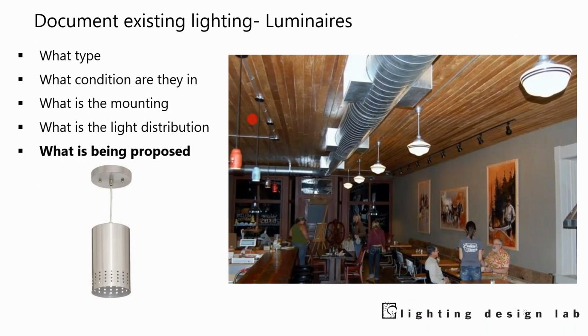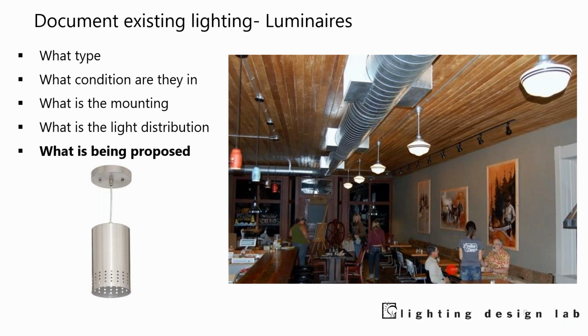Here's a case where we have a little cafe and maybe they have these fixtures and they want to get rid of them. They don't like the way they look, or someone showed them something else that they want to put in, and they want to go to this metal cylinder. So again, that may be perfect. It may put more light down on the tables. It may be just the way they want to go.